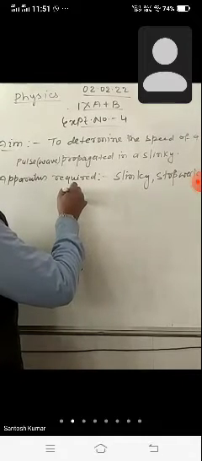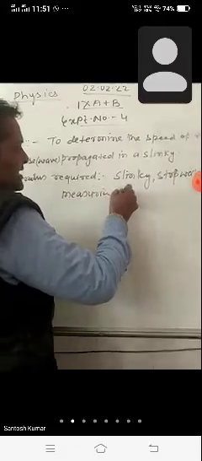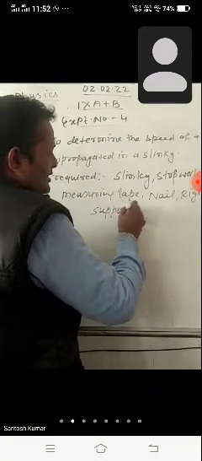After that, a measuring tape. A measuring tape or meter scale can also be used. One nail is required and any rigid support, like a wall.